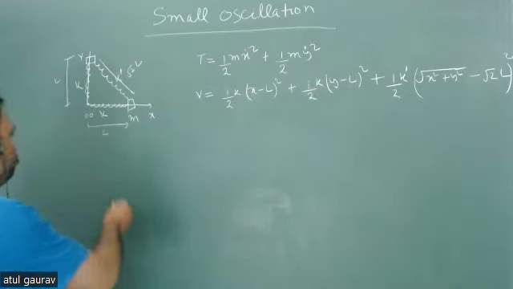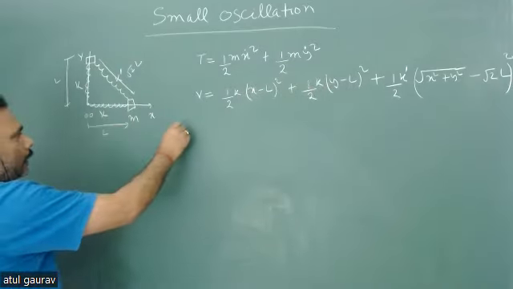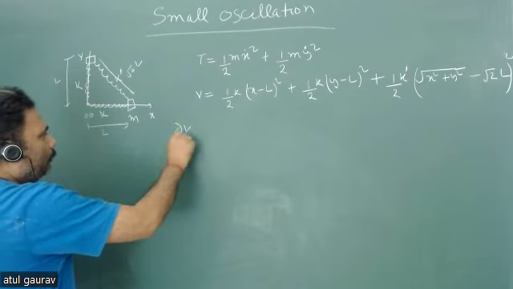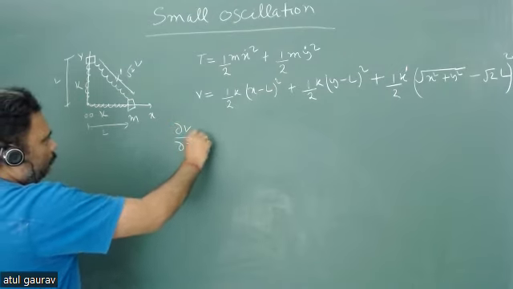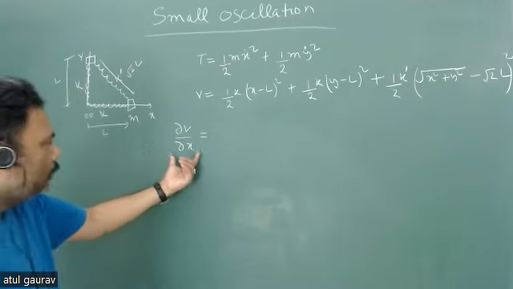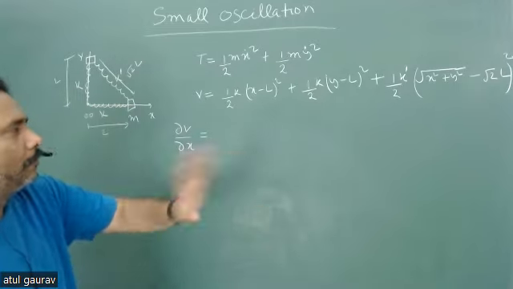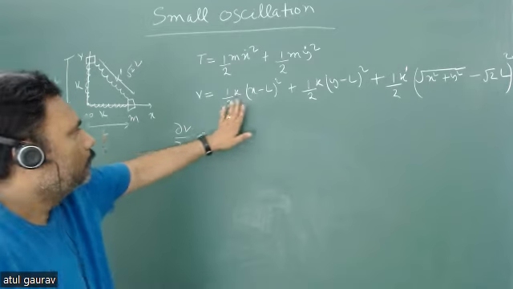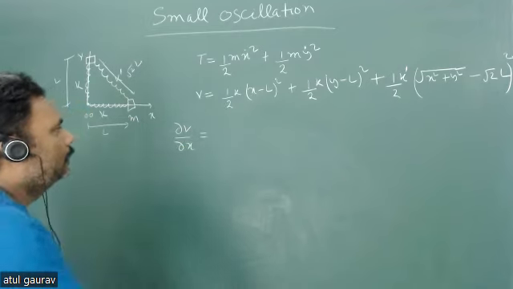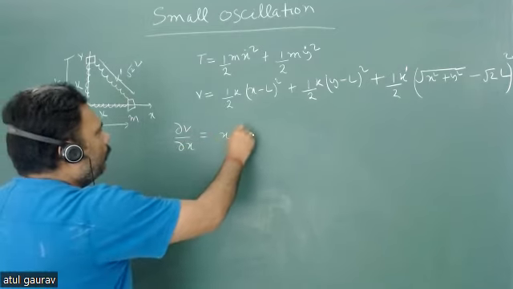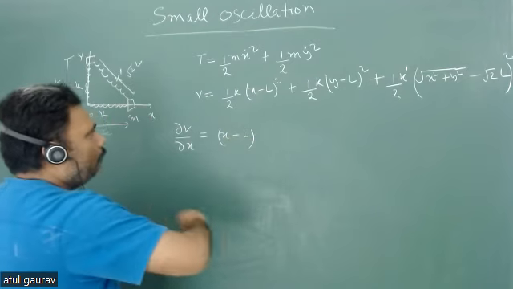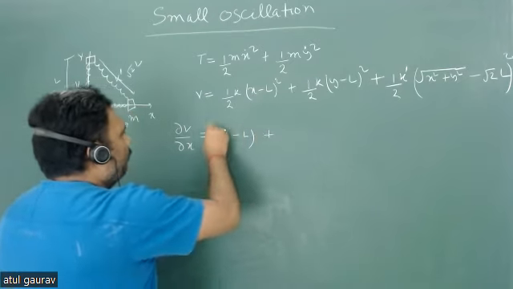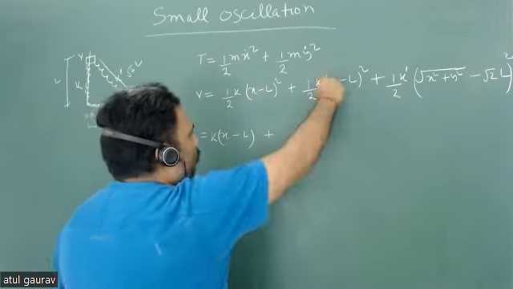So first I am going to calculate del V upon del X. Because unless we calculate del V upon del X, we will not go for the second order. So when we go for del V upon del X, this value is X minus L, and K times is also there, and this value is 0.